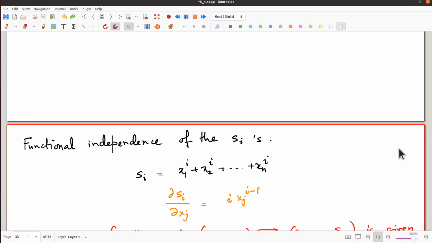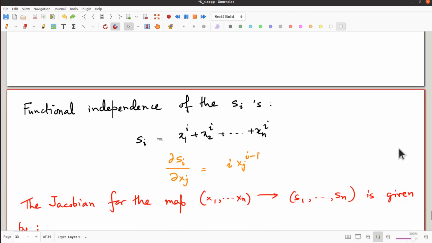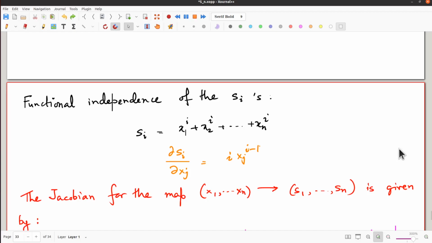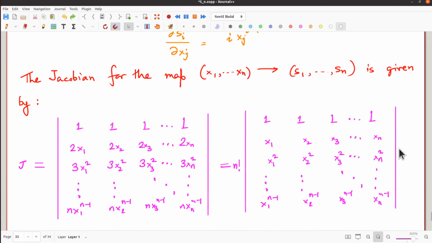Now the reason why we need this partial derivative is the following. We need to calculate the Jacobian of the map which takes the independent variables x1 through xn to this new bunch of n variables s1 through sn. And that Jacobian is simply nothing but the determinant of the matrix formed by these partial derivatives.